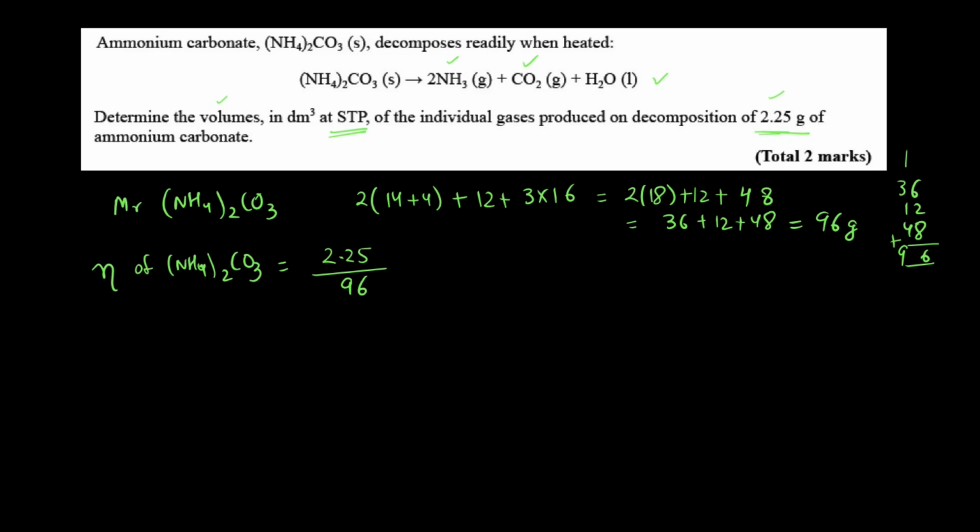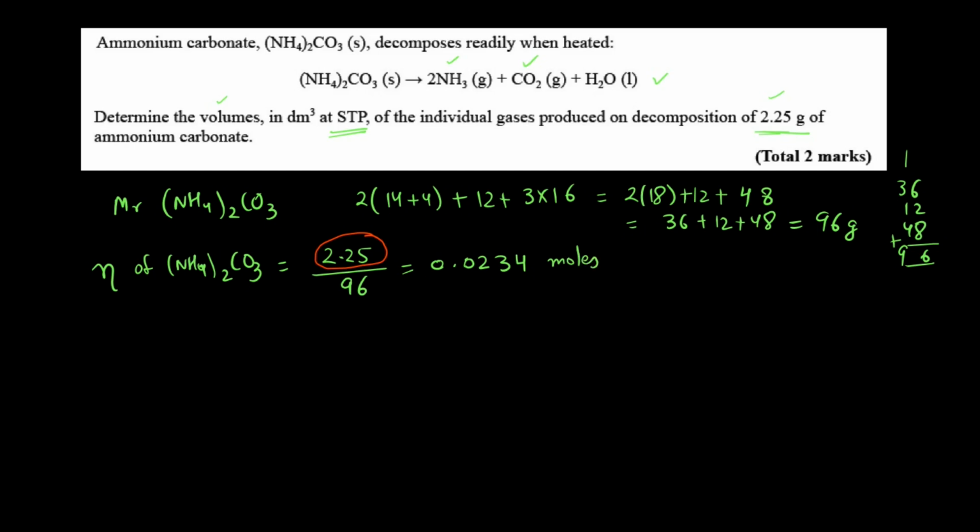So how much is it? 2.25 divided by 96 comes out to be 0.0234. Now how many significant figures? The numerator is 3 significant figures, so our answer will be in 3 significant figures.